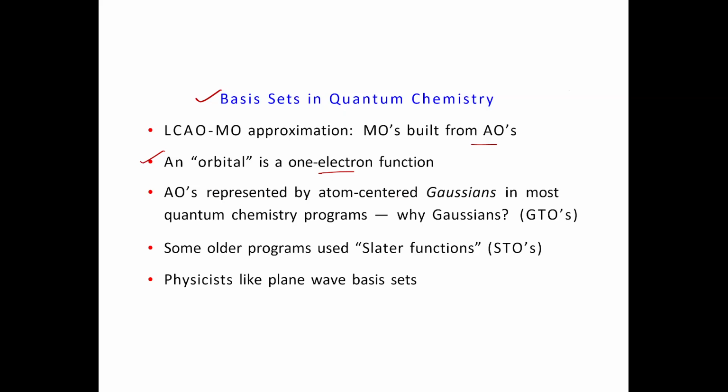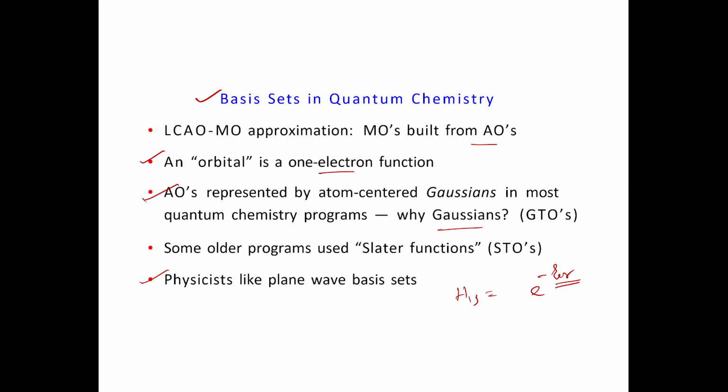AOs are represented by atom-centered Gaussians in most quantum chemistry programs. In general, in all quantum chemistry programs, we actually use Gaussians. Now we'll come to why Gaussian, why not Slater, because if you look at the hydrogen 1s solution, that is actually a Slater type orbital, right? So why are we using Gaussians? And physicists like plane wave basis sets, which are used for periodic systems.